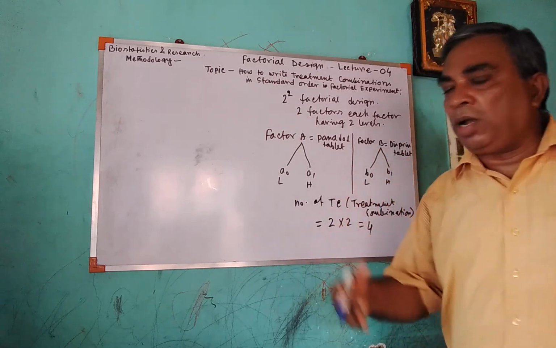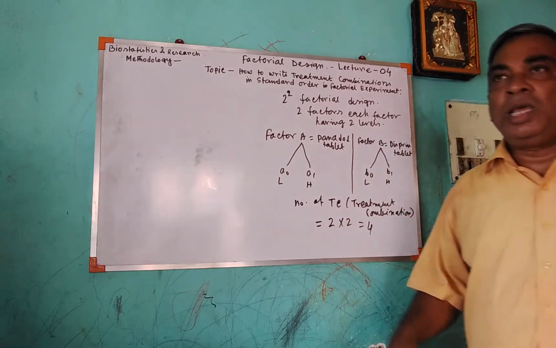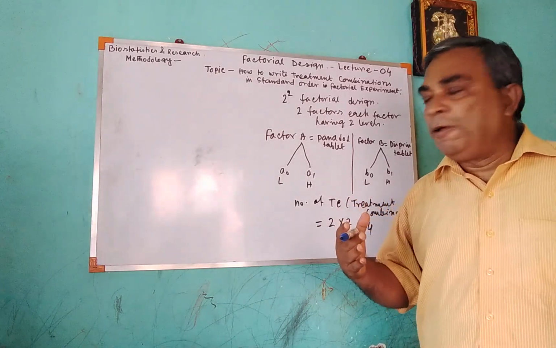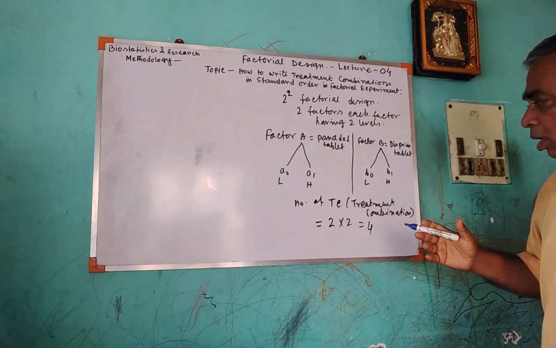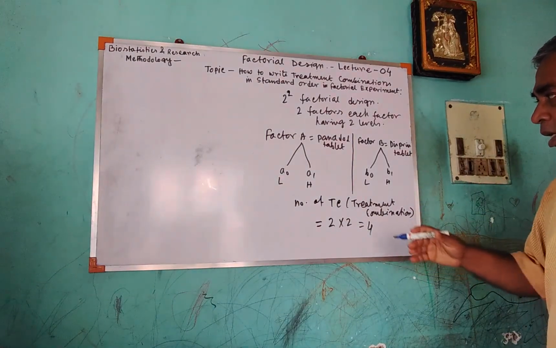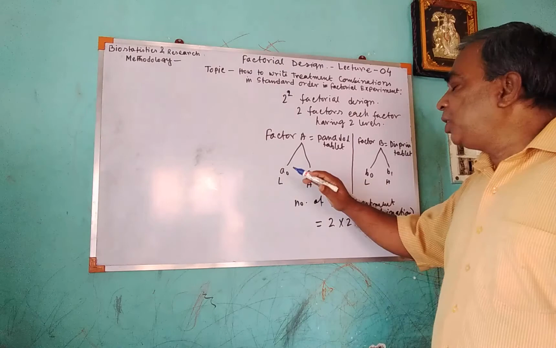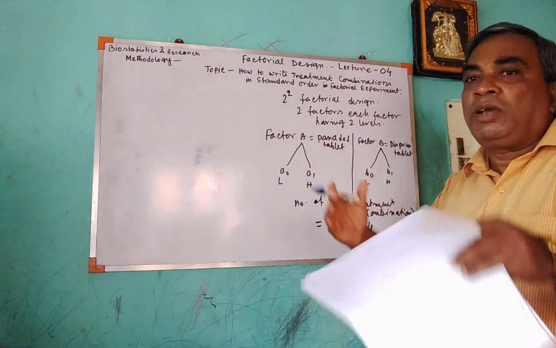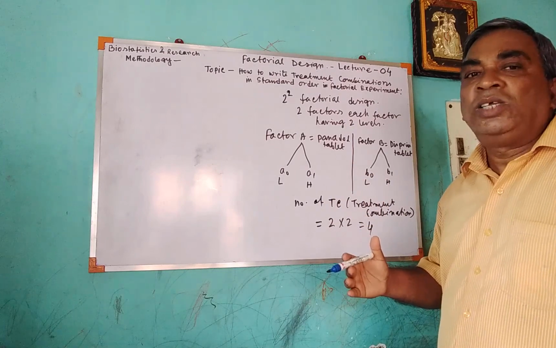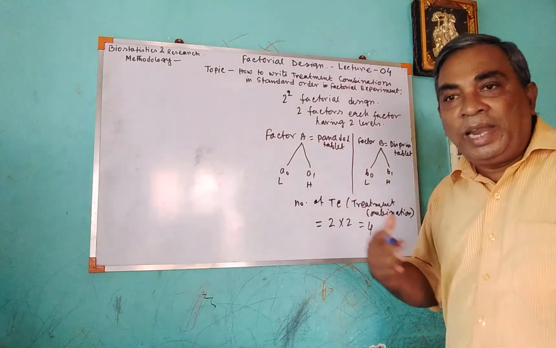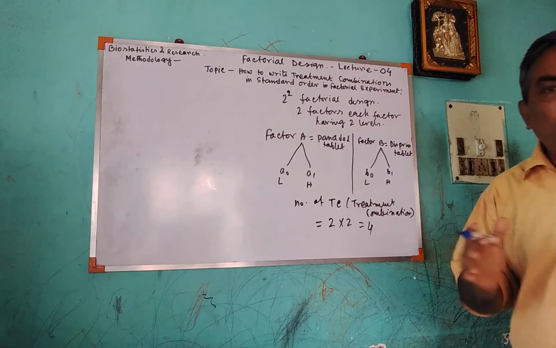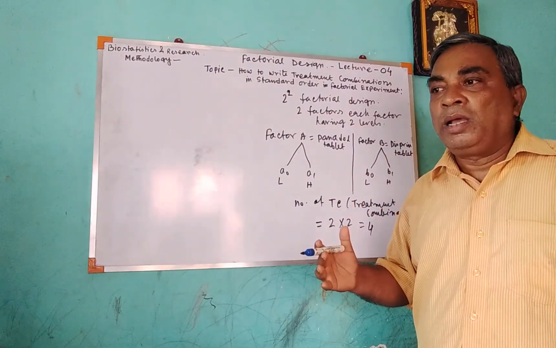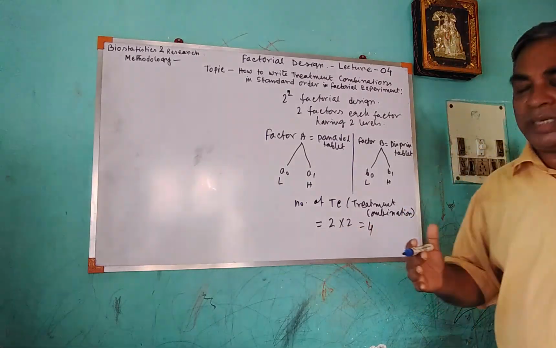To get the number of treatment combinations, you have to multiply the levels of all factors. Treatment combination means we combine the levels of the two factors, and the number of combinations we get is known as treatment combination.